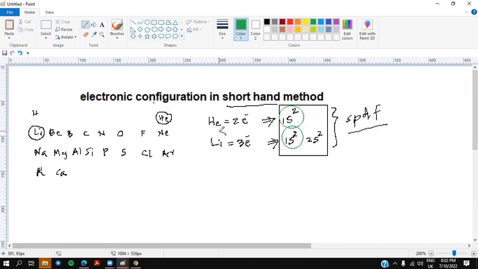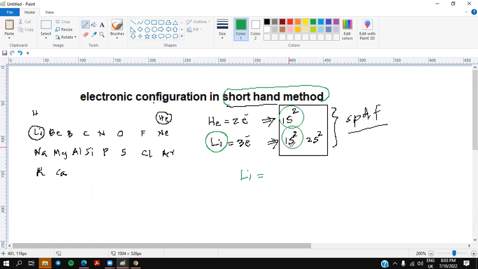If I want to write lithium electronic configuration in shorthand method, then you go to lithium configuration and see it has 1s2 in its configuration. And I know 1s2 is a configuration of helium. So lithium electronic configuration is written in shorthand method.